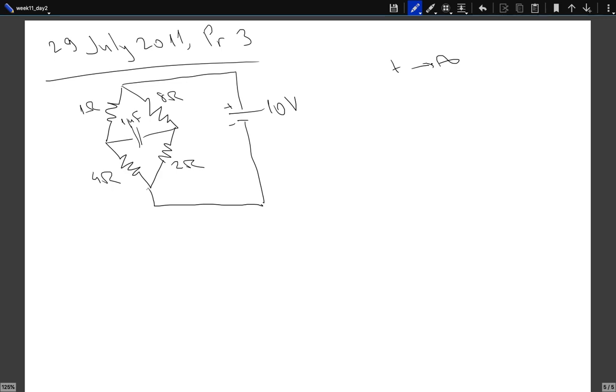Now nothing changes with time. The system has reached the steady state. And then it asks, let's say this is point A, this is point B. What is VAB?